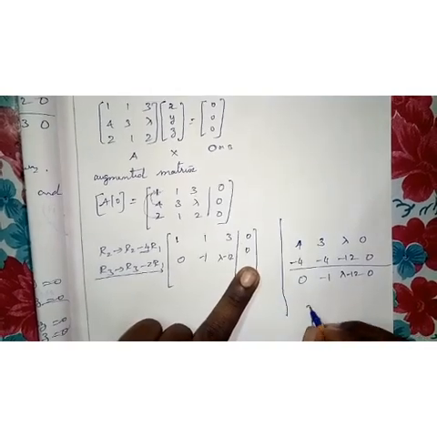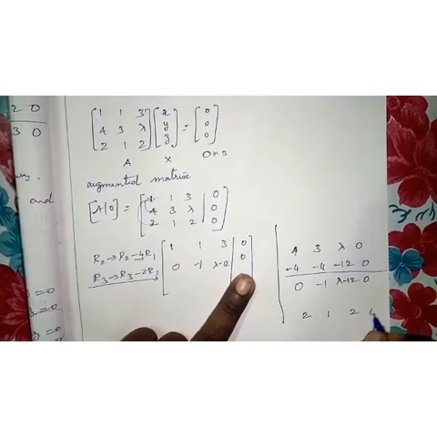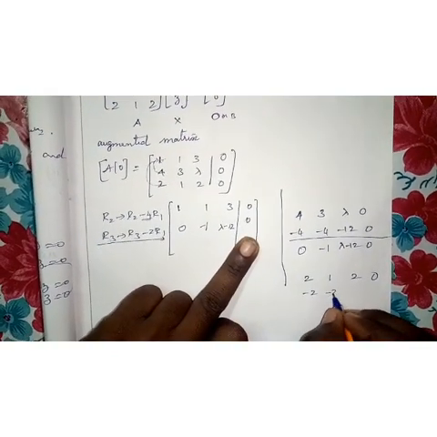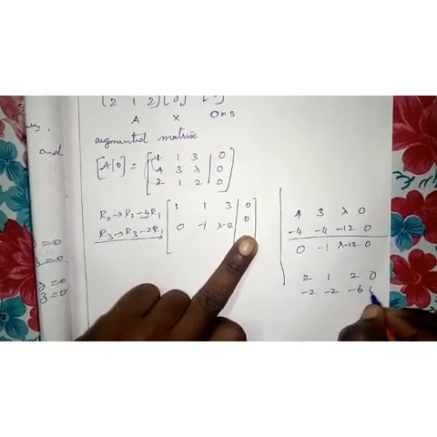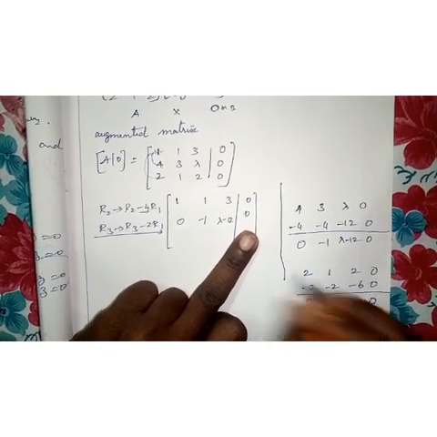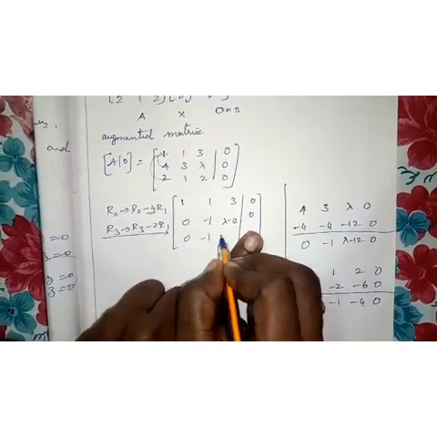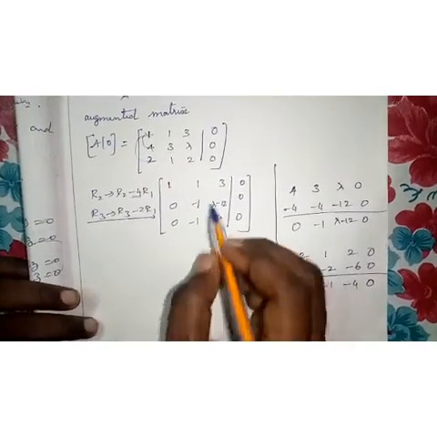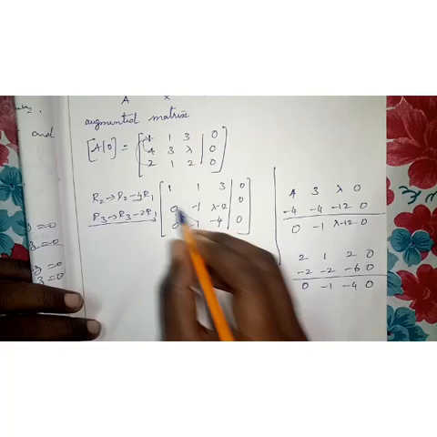Go to the third row 2 1 2 0, and subtract 2 times the first row: 2 minus 2, 1 minus 2, 2 minus 6, 0. The answer is 0 minus 1 minus 4 0. Is it clear?